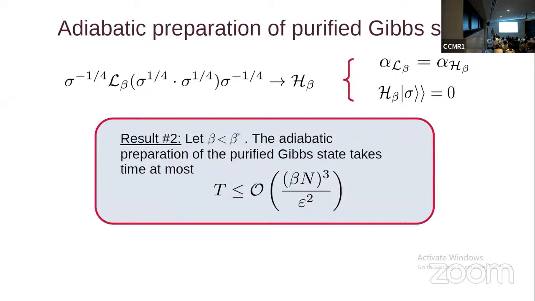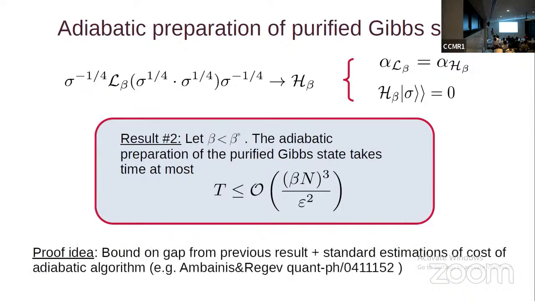Here the scaling is a bit worse. For preparing the actual Gibbs state, we have a log dependency on the precision. If you want to do the purification, it's polynomial, but it's still a polynomial time algorithm to prepare these purifications for a very generic class of Hamiltonians and some constant temperature.